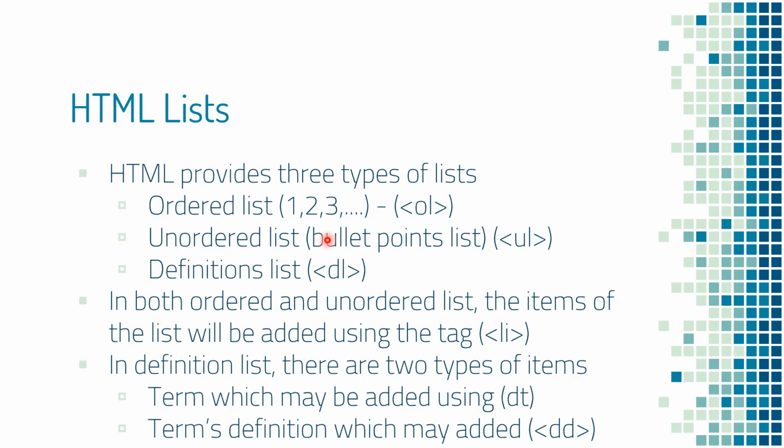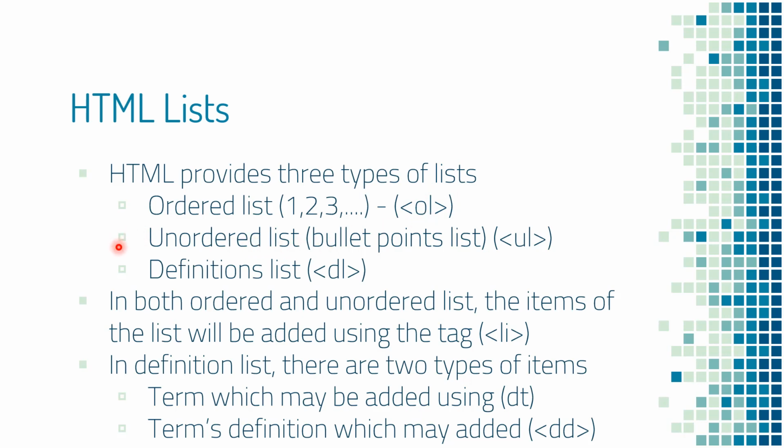So another common component that you would usually see is lists. HTML provides us with 3 types of list: an ordered list, an unordered list, or a definition list. The ordered list, you can tell, is 1, 2, 3, etc., and for this type of list we usually use OL, which stands for ordered list.